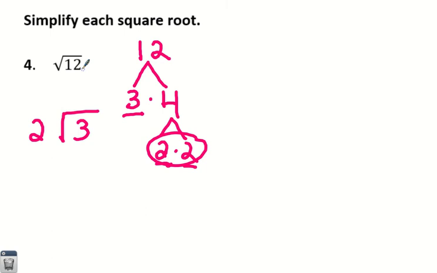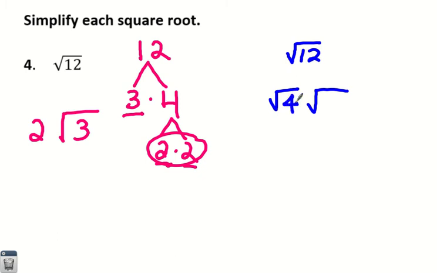So maybe I can break it up into a number that I can take the square root of cleanly, and then whatever else is left over is left over. So my way involves rewriting it as a couple square roots, and I'll ask you right now to think about it. Are there any perfect squares I can break off of 12?